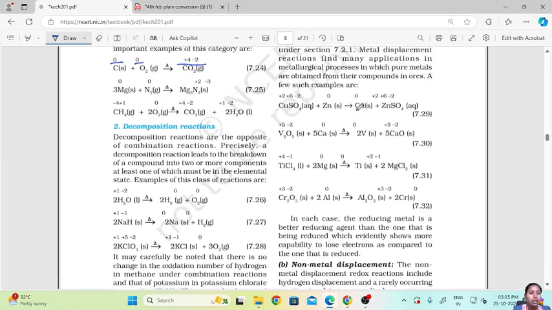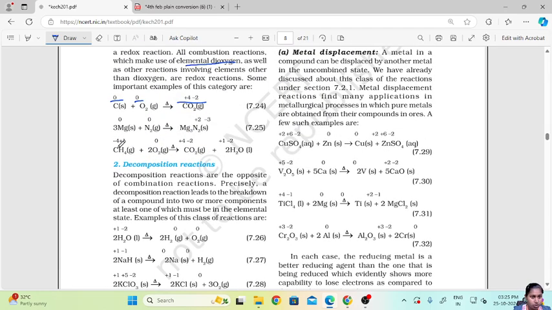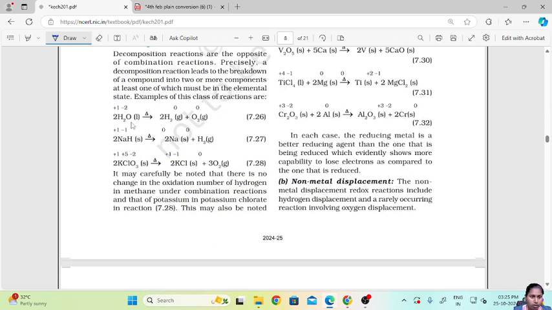Here methane is decomposed, but you can see the hydrogen was having a +1 charge, and here also it is having a +1 charge. So hydrogen is not involved in the methane reaction. And in the case of potassium chlorate, potassium is in the +1 state, and here also it is in the +1 state. So in both these reactions, hydrogen and potassium are not involved in the redox change.